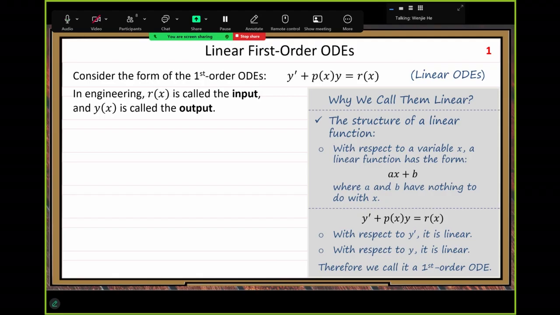Because this type of equation appears frequently, from the application point of view, when this equation appears, the engineering people understand it in another special way. Their understanding is that the R function, the right-hand side, they treat as an input, input data.